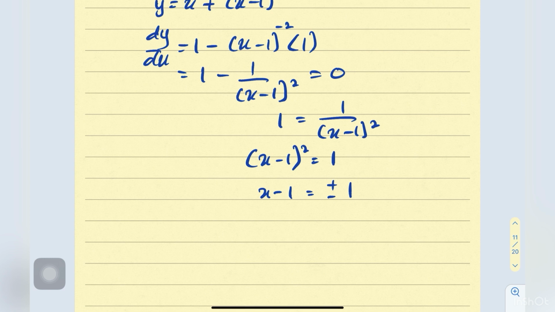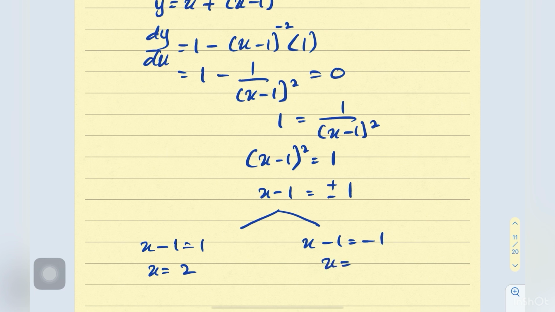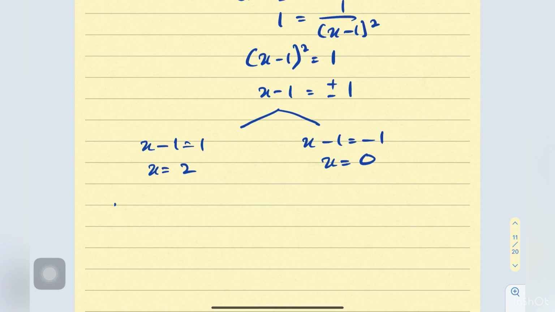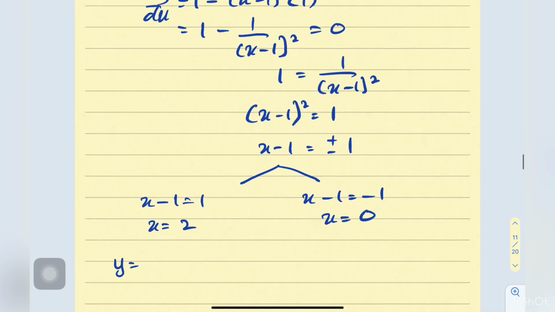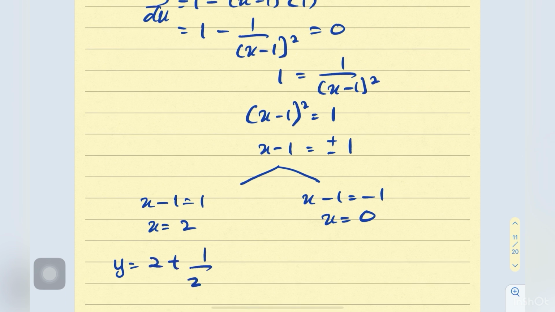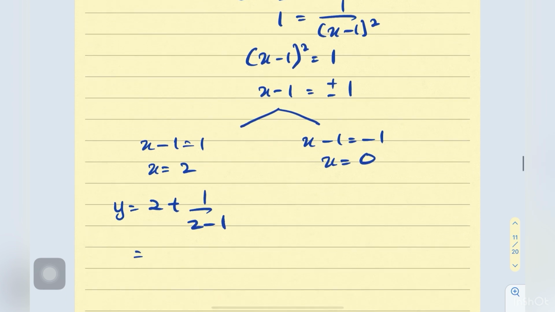So then here we can find two coordinates. The first one, x minus 1 equals 1, so x equals 2. When x minus 1 equals negative 1, x equals 0. When x equals 2, y equals 2 plus 1 over 2 minus 1, which is 3.